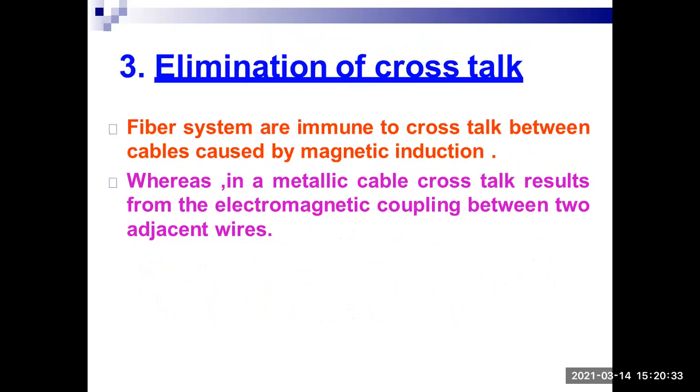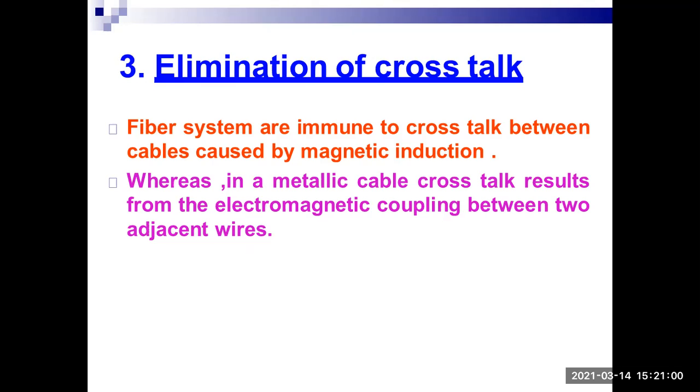Now, the elimination of crosstalk is a very important aspect. In the normal coaxial cable, or metallic cable, you find that there is crosstalk. What is the meaning of crosstalk? Someone is talking to you on a phone call, and another person talking to a third person, that talk gets mixed with your call.